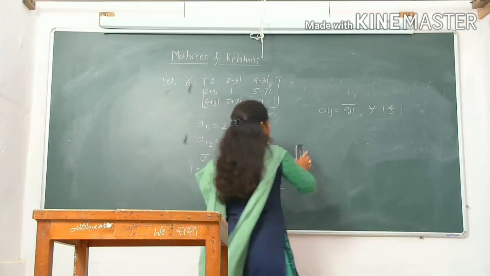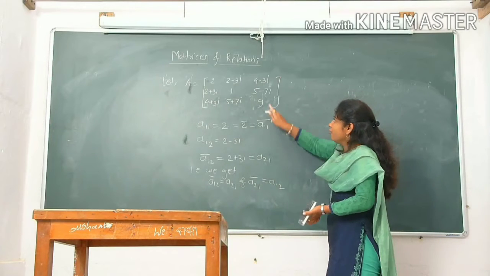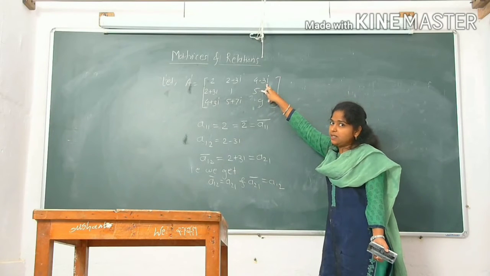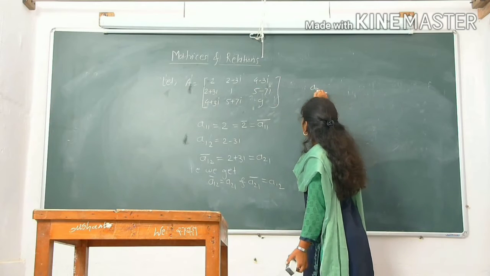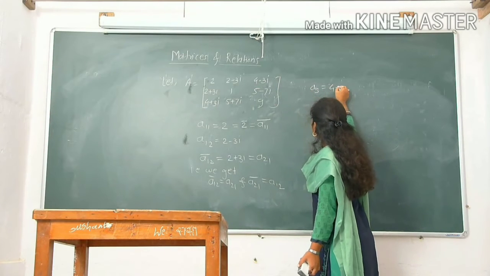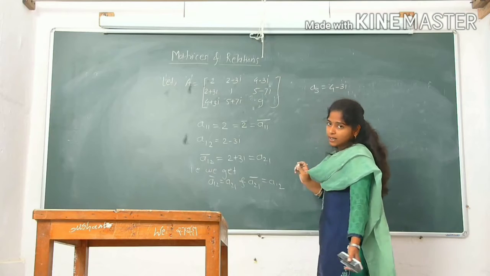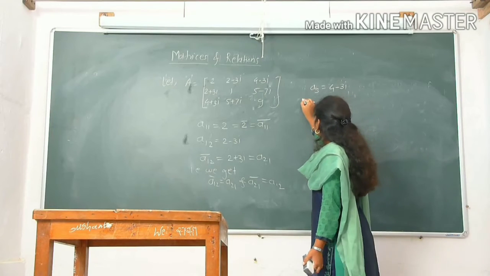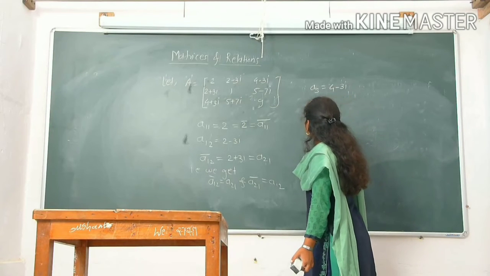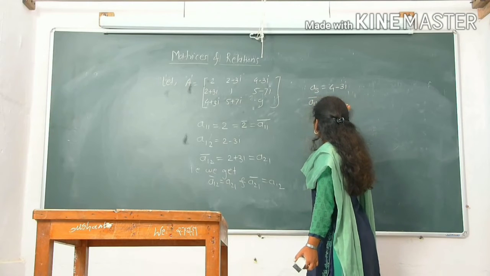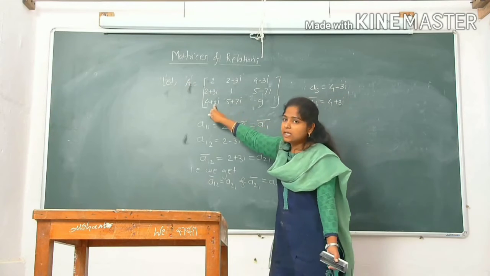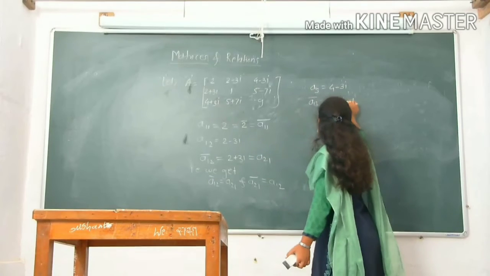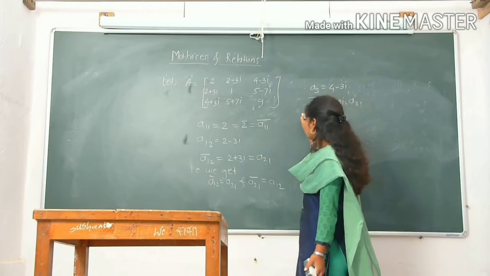Similarly, here 4 minus 3i is placed at the position of A13. So A13 is equal to 4 minus 3i. Now we take its conjugate. A13 bar is equal to 4 plus 3i, which is the same as A31.